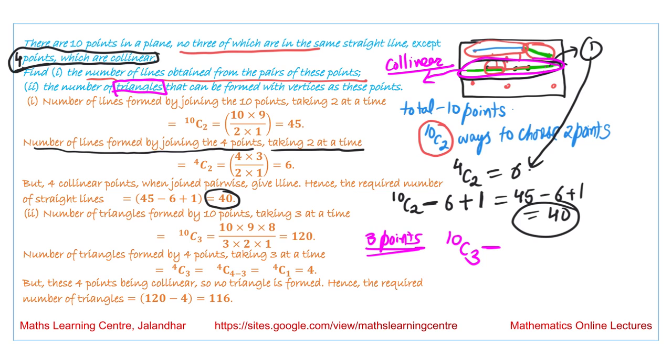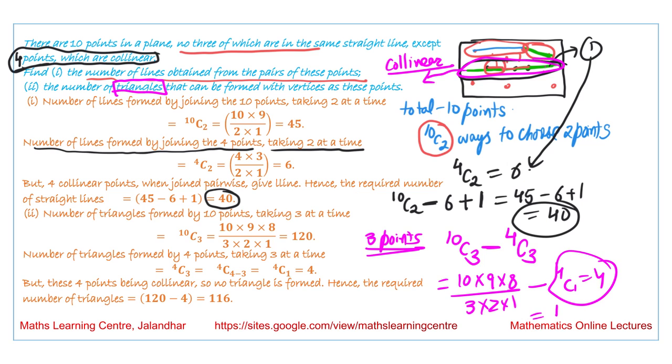The number of ways of choosing 3 points out of these 4 points is 4C3. So the total number of triangles is 10C3, which is 10 into 9 into 8 divided by 3 into 2 into 1, minus 4C3, which is 4C1, that is equal to 4. So the answer is 120 minus 4, which is equal to 116. So there are a total of 116 ways of forming triangles with these points.